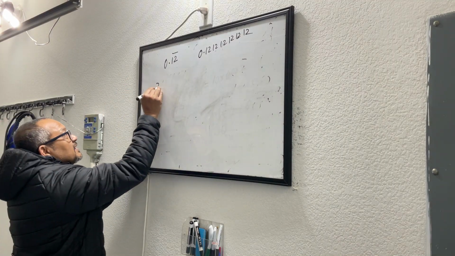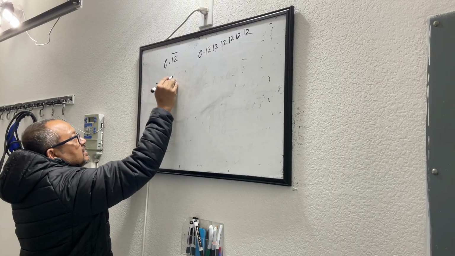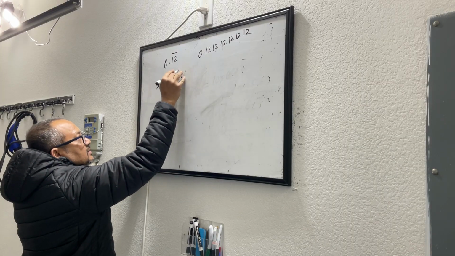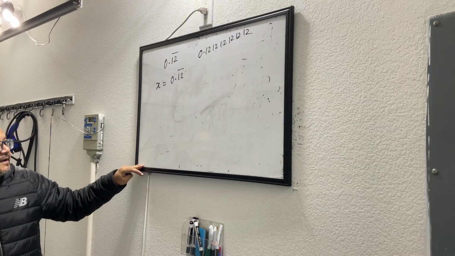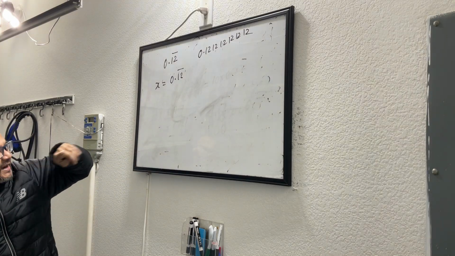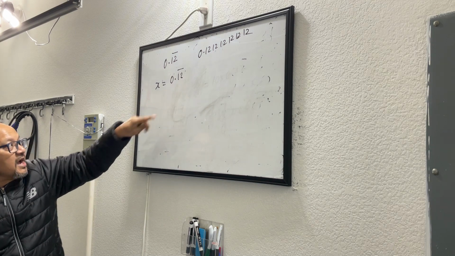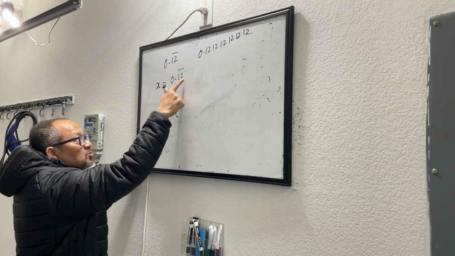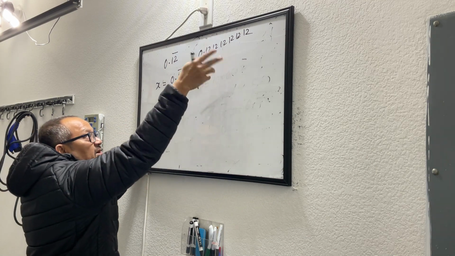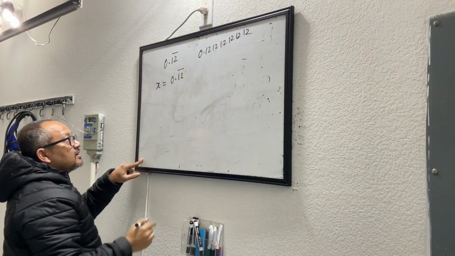So, let's give it a name x. Now, I have to convert this to a perfect fraction. But what I have is 2 digits after the decimal which are repeating or recurring.